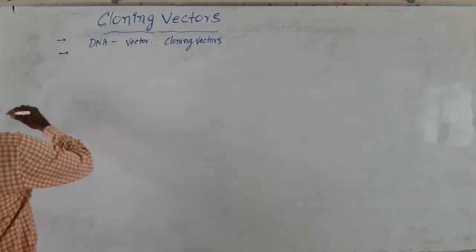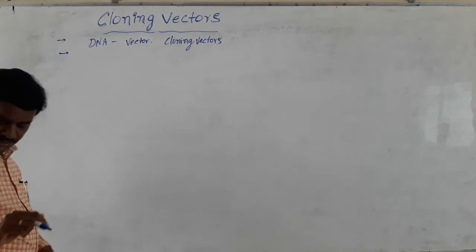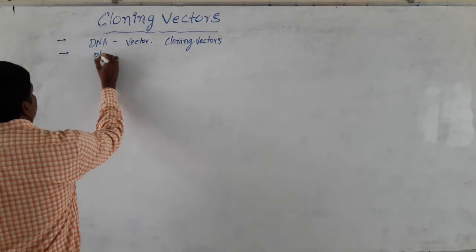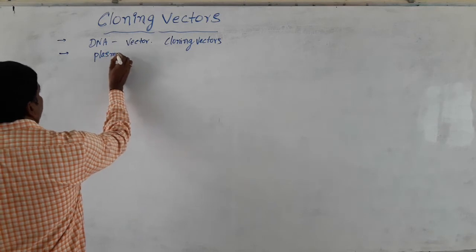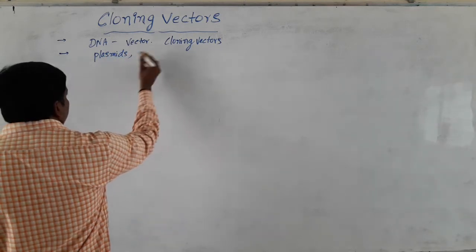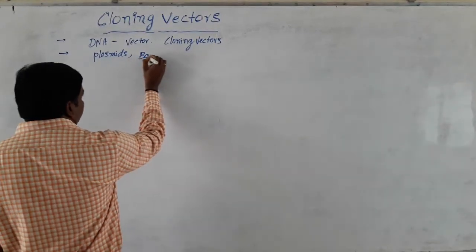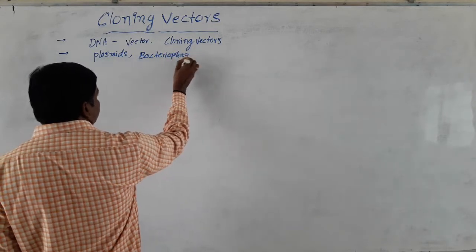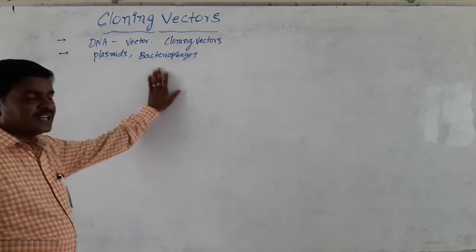Generally, the most widely used cloning vectors in recombinant DNA are plasmids, and bacteriophages. Bacteriophages means the viruses which attack bacteria.